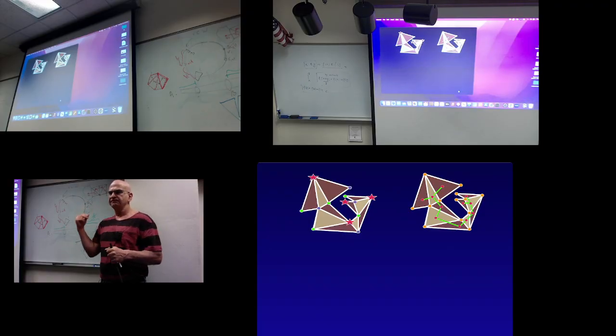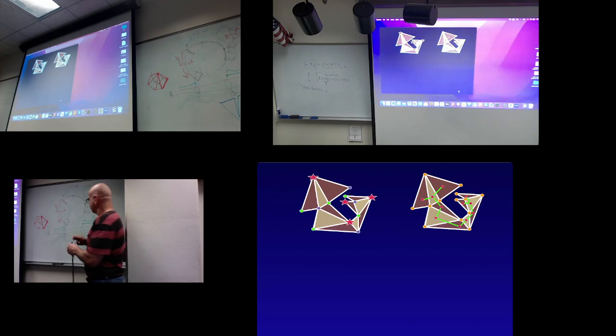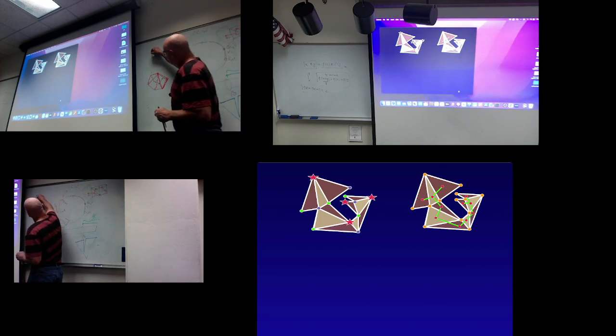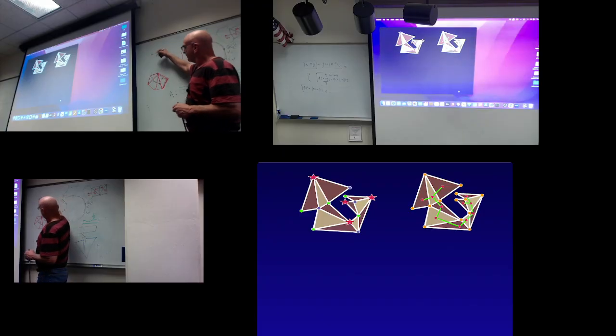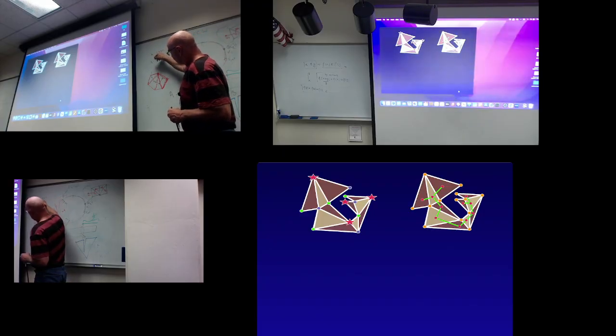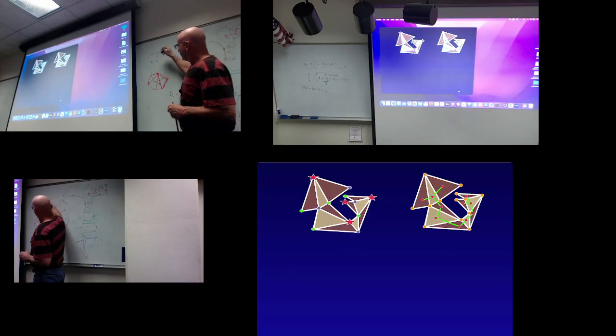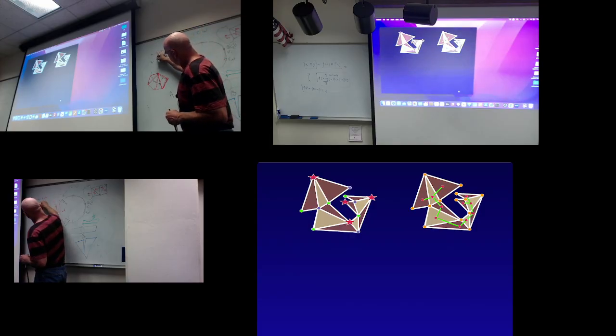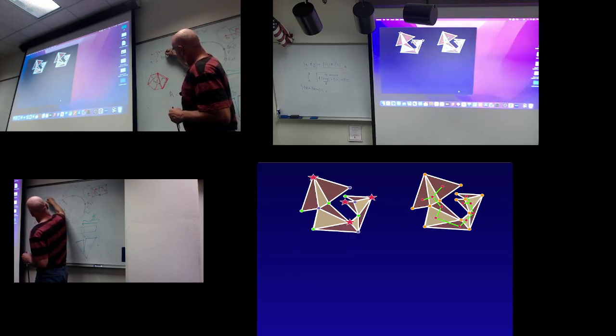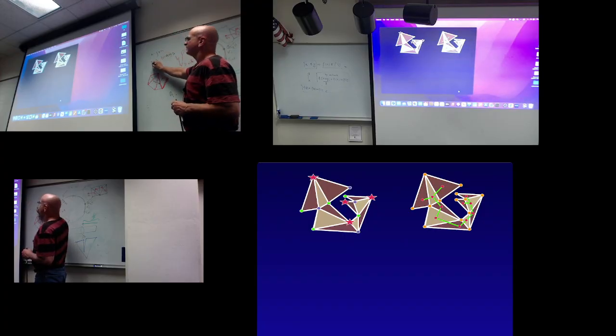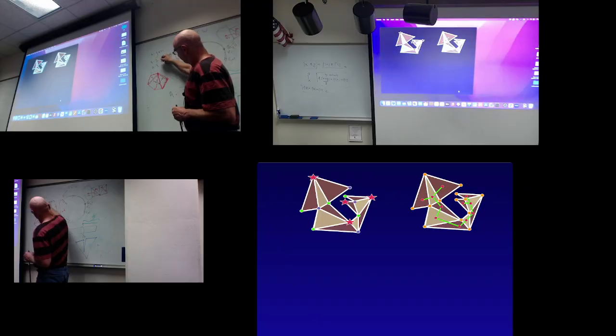We had a theorem from last time that said in an n-gon, no matter how I triangulate it, there are n minus 2 triangles and n minus 3 chords.